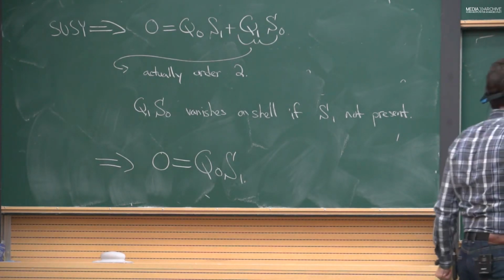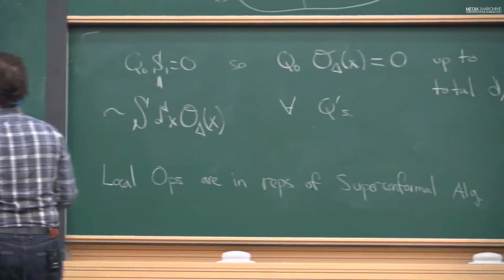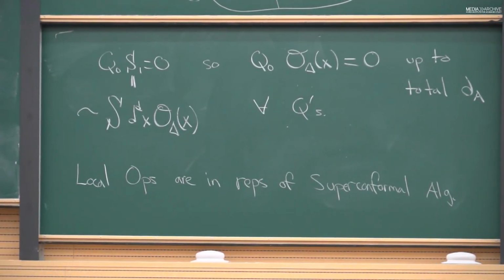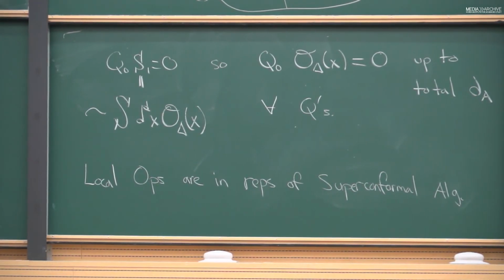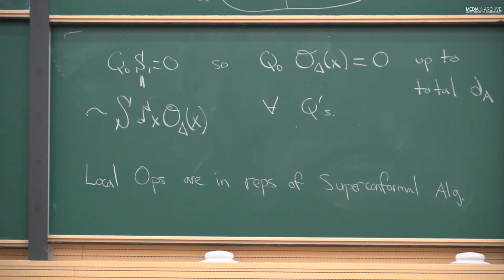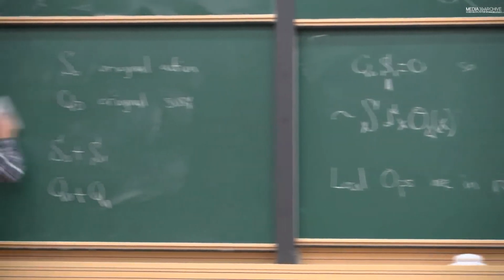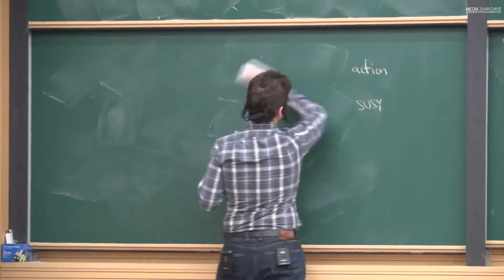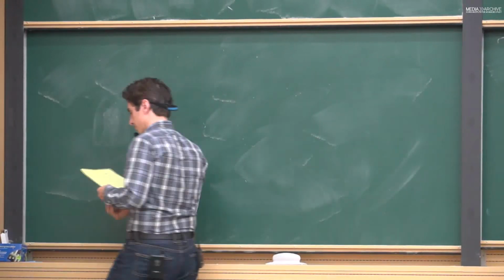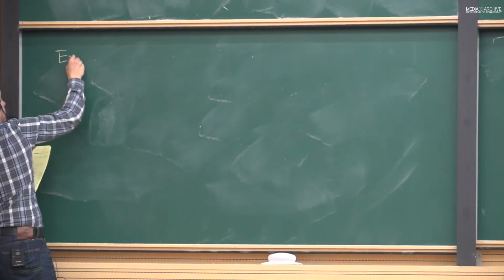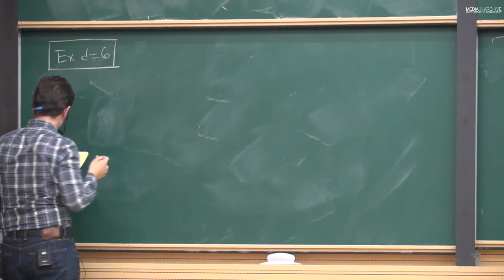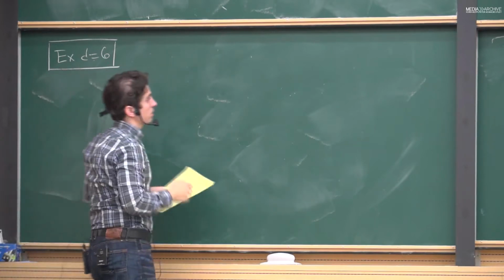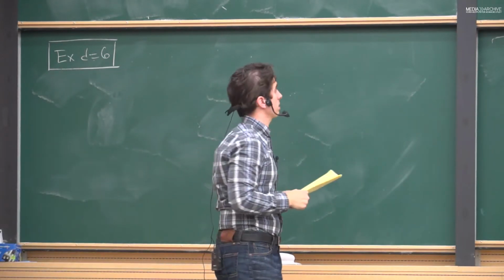Okay, so local operators are in representations of the superconformal algebra. On the board, I won't do all of this, but I'll talk about the d equals 6 case. So here I'm going to talk about the minimal superconformal theory in d equals 6.